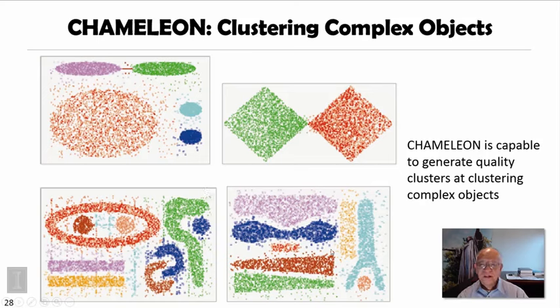That simply says CHAMELEON, using this graph partitioning and merging method, is pretty robust and generates high quality clusters. Even though it is in the spirit of hierarchical clustering, it does a lot of good with this graph-based method.